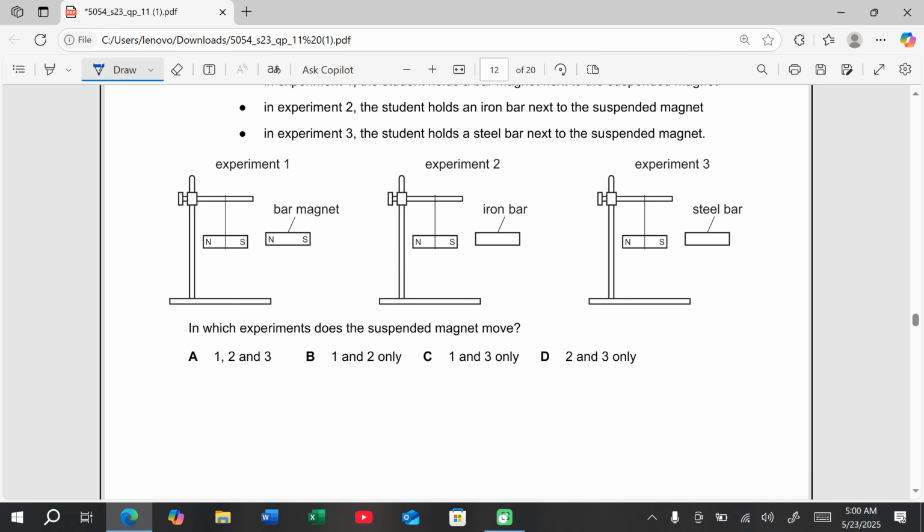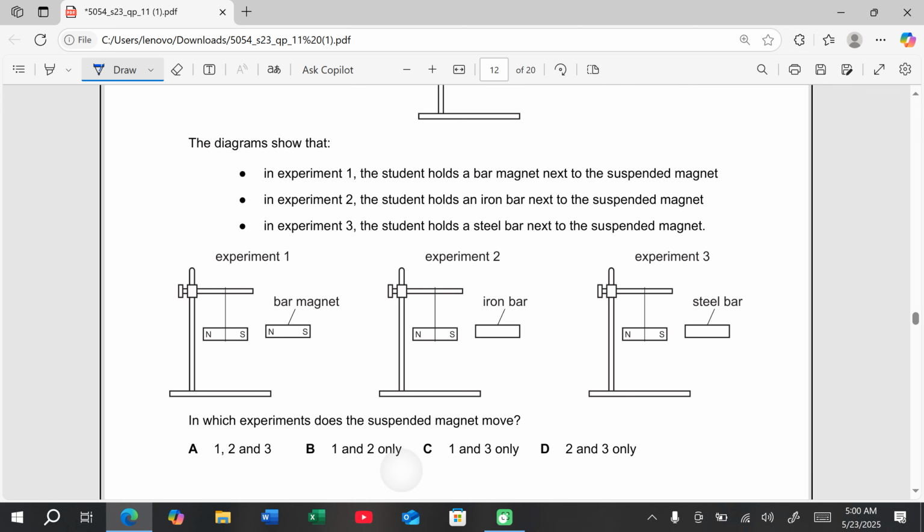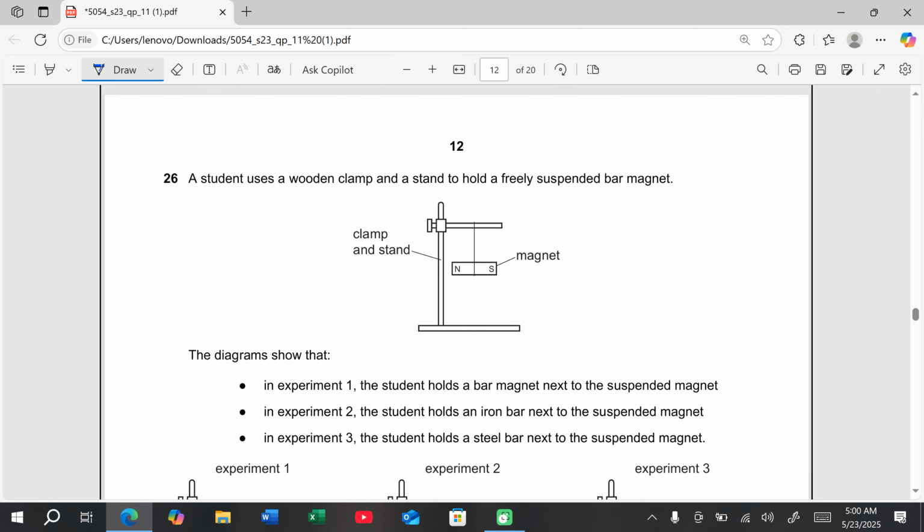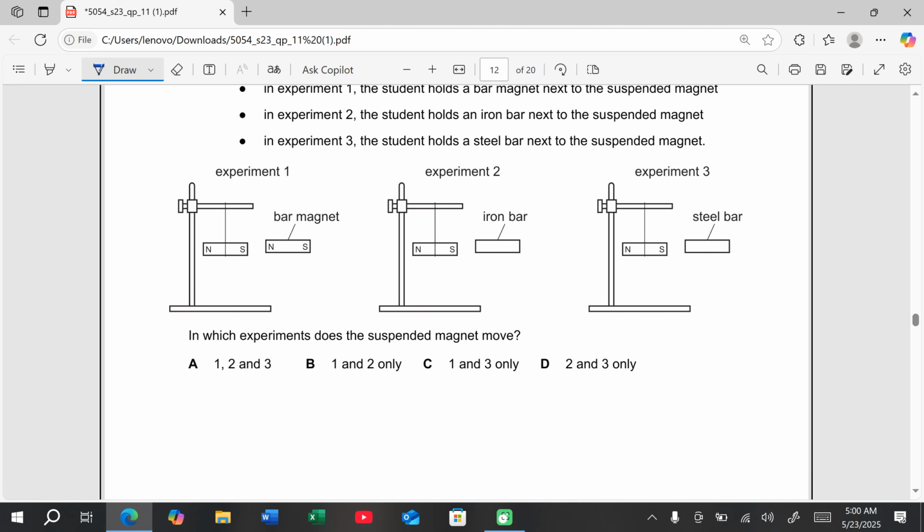In which experiment does the suspended magnet move? Oh, interesting. So now this is going to attract, this is going to attract, and this is going to attract because they both are magnetic materials. The only difference is this is going to be permanent and this is going to be temporary.